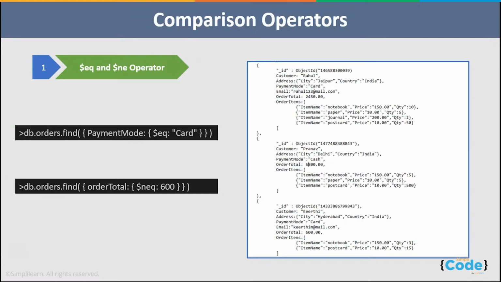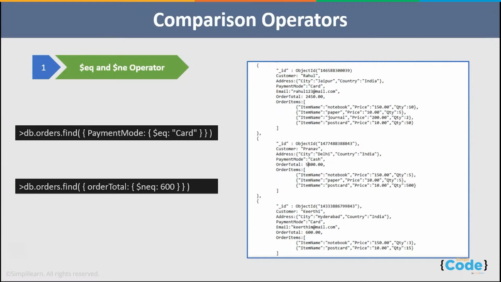Similarly, we have NE, which is not equal to, and I'm taking another example, which is db.orders.find where order total is not equal to 600. As you can see in the image, we have the third document of customer Kirti, whose order total is 600. So it evaluates this and returns the result which has an order total not equal to 600.